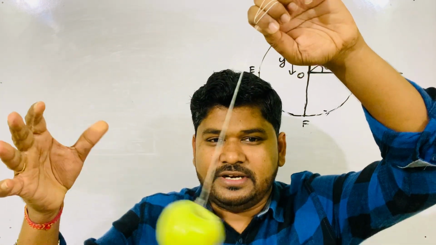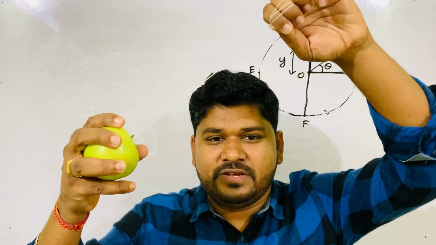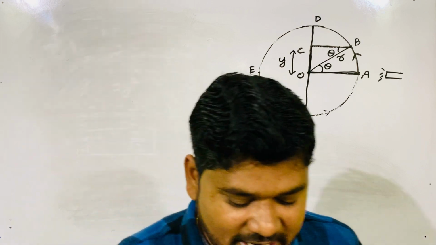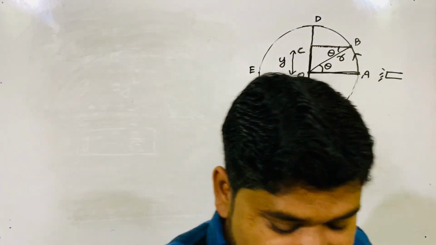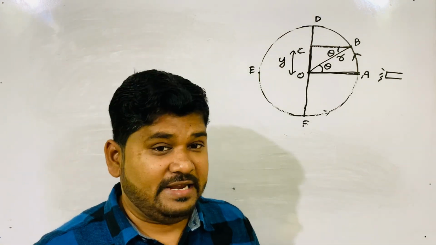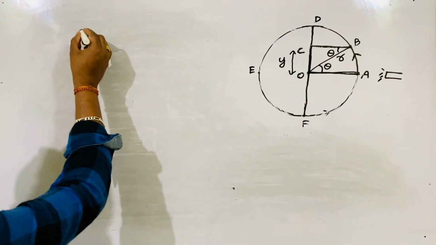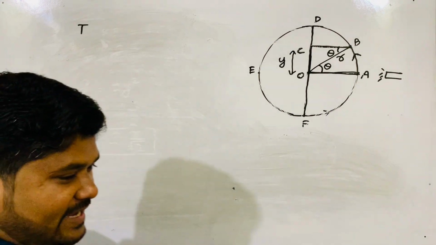One oscillation complete. So time taken to complete one oscillation is called time period. Capital T is the symbol for time period, and the unit is second.